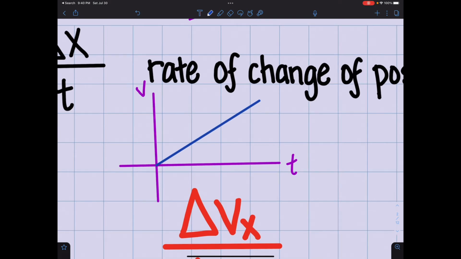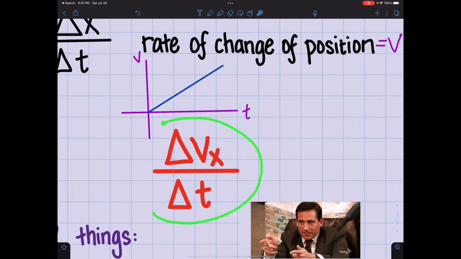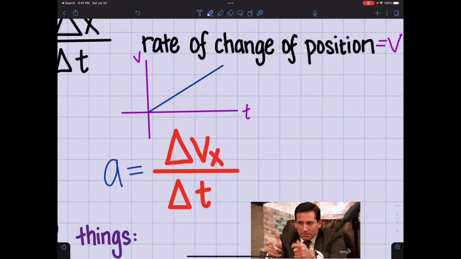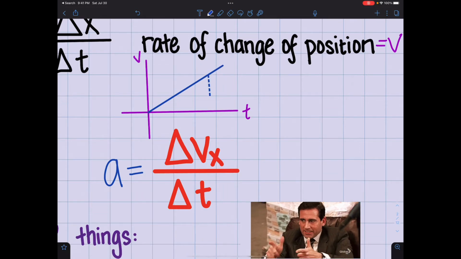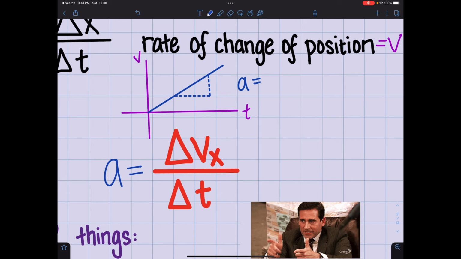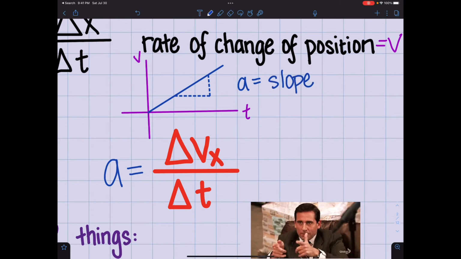Now, when we talk about acceleration, you're going to notice that acceleration is the change in velocity over change in time. A change in velocity is going to be how much does it change up and down, maybe like that. A change in time is going to be how much does it change on the x-axis, maybe like that. So from here you can tell that acceleration is actually going to be the slope of the velocity time graph, which is so cool.